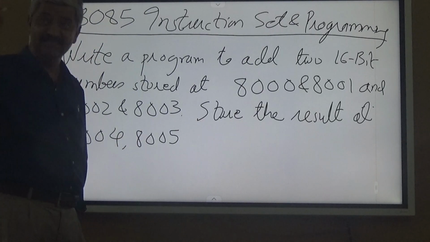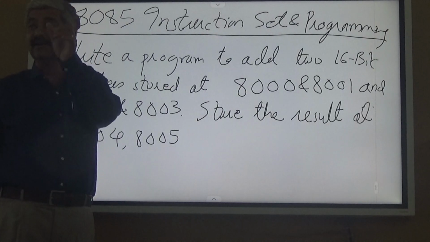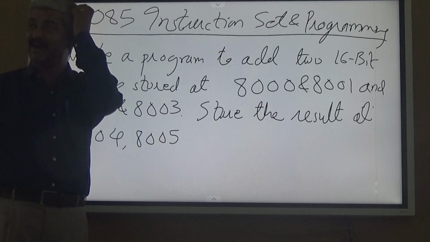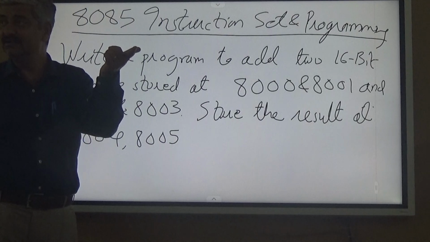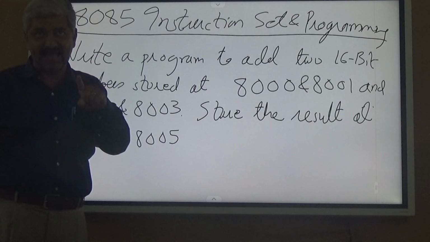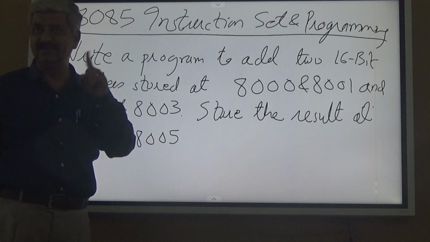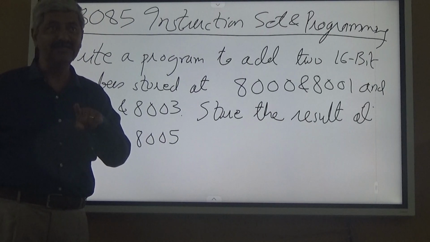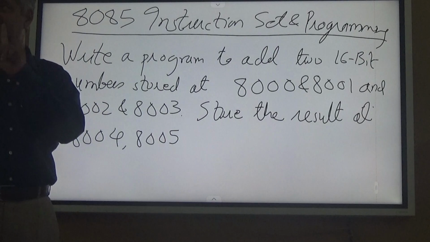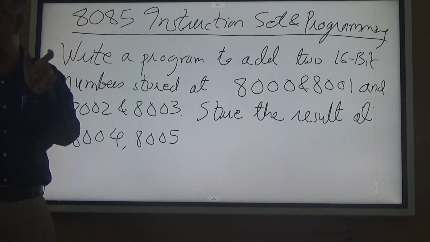17-bit number. So memory contains locations of 1 byte each. Therefore, how many bytes will be needed to act as destination for addition of two 16-bit numbers? How many bytes? 3 bytes, because in memory it is 1 byte as a whole, not 1 bit.